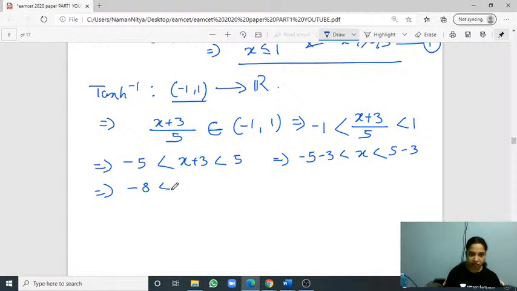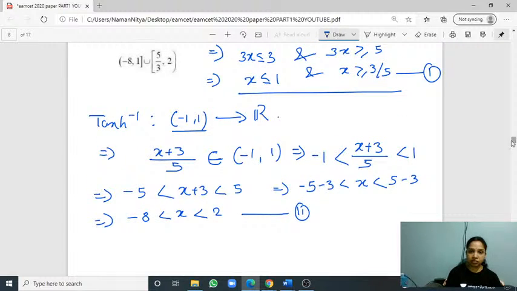Minus 8 less than x less than 2. So this is your second equation. Now try to plot equations 1 and 2 on the real line. If you plot all these on the real line, you will get the intersection between these two, and that will be your answer.